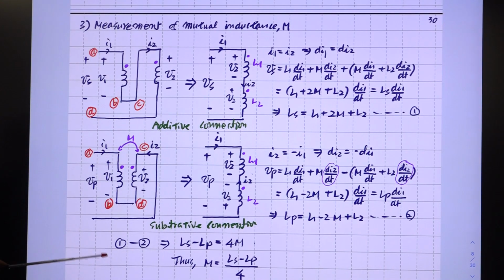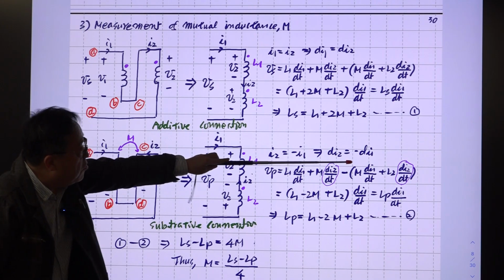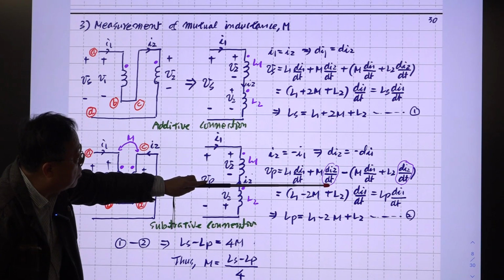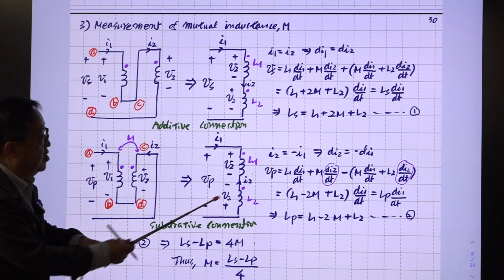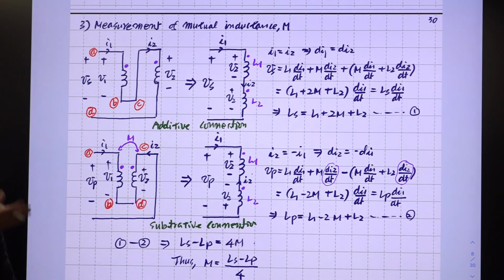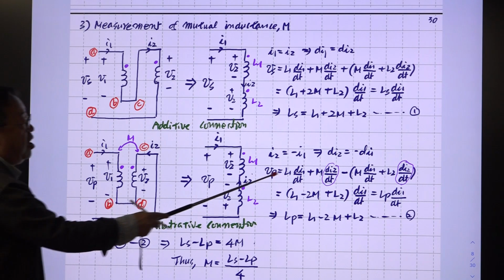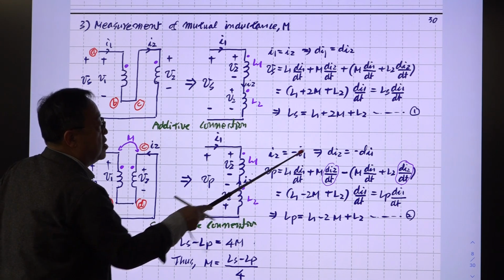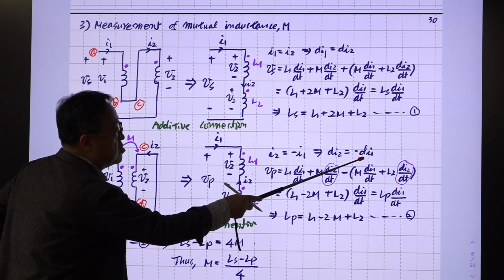And in this connection, this is a subtractive connection, and I1 and I2 are opposite in direction, same in the magnitude. So you have this condition, and this is the voltage developed by this winding, and this one is the voltage developed by the other winding, but they are in opposite direction. So you have a negative sign here, and this one's direction is opposite.